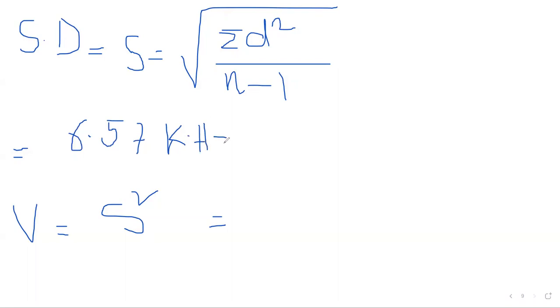Then you have to find out the variance also. What is the formula of variance? S squared. Now you know S, so just square the values. Rajkumar, the standard deviation answer came like this. Just check what your answer is.